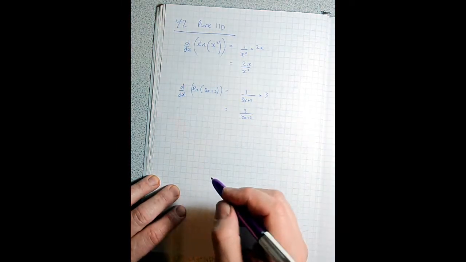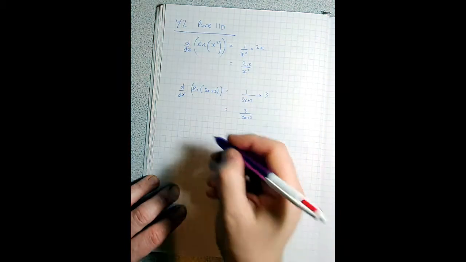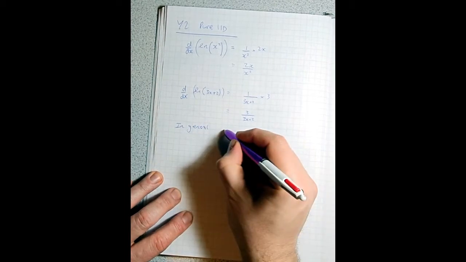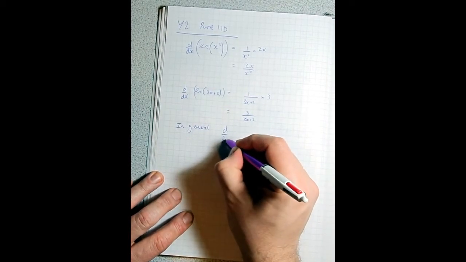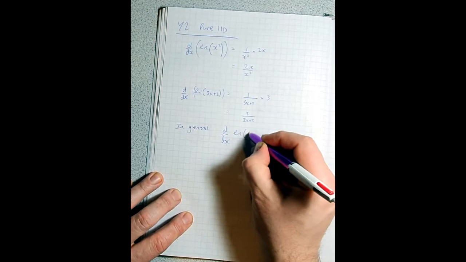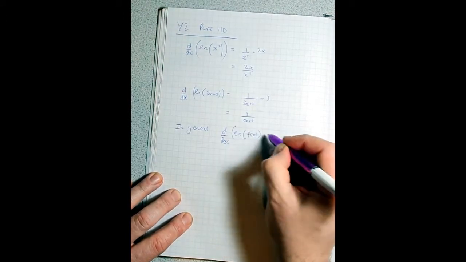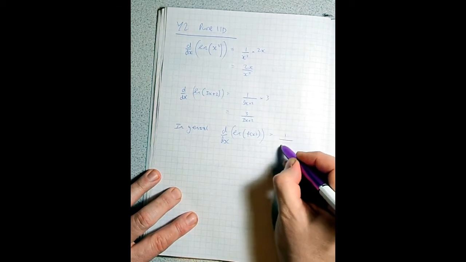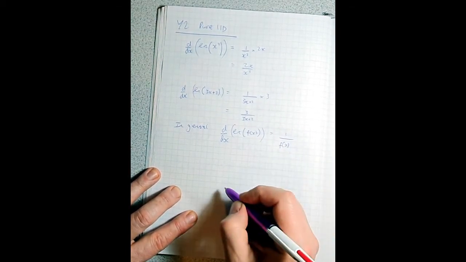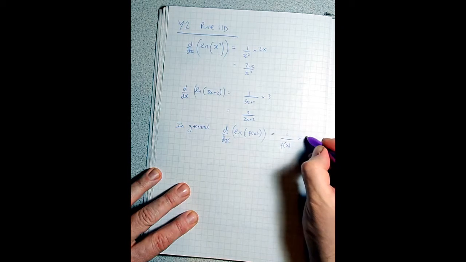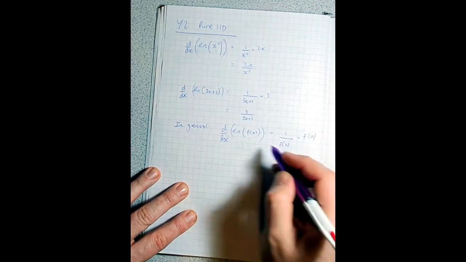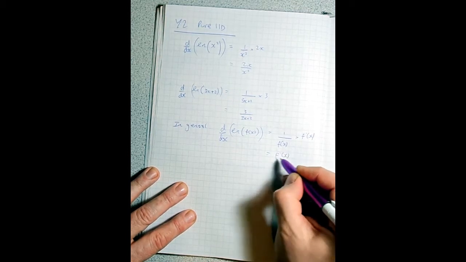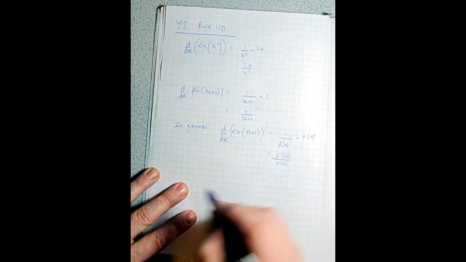So in general, the derivative of the log of some function of x with respect to x is 1 over that function multiplied by the derivative of that, or f dash x over f of x.